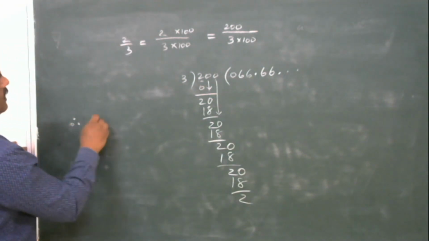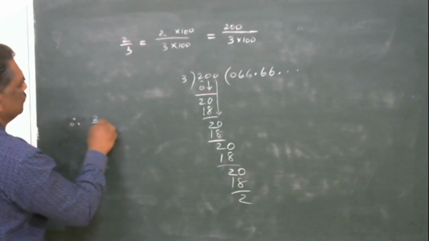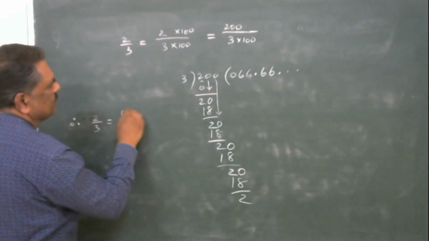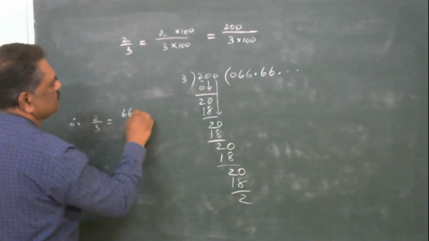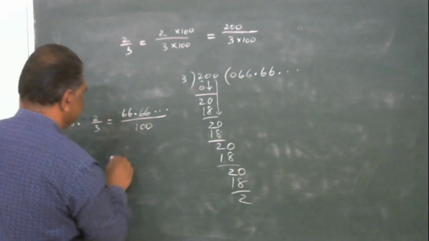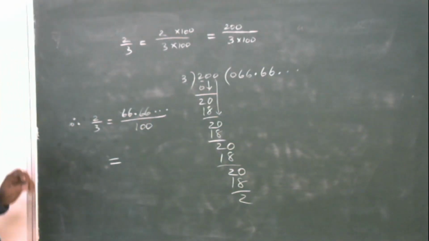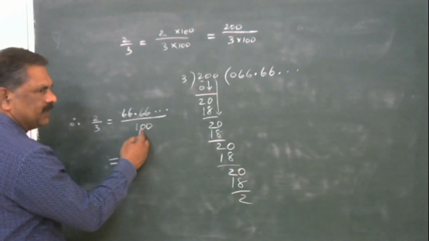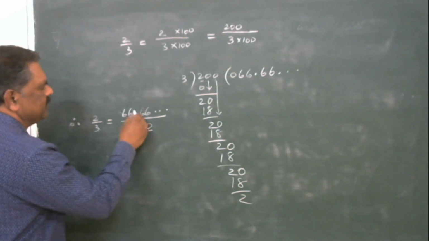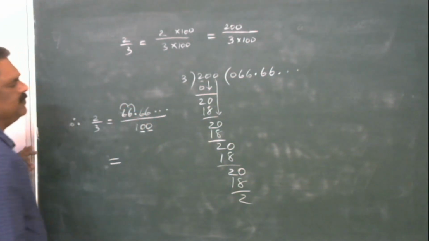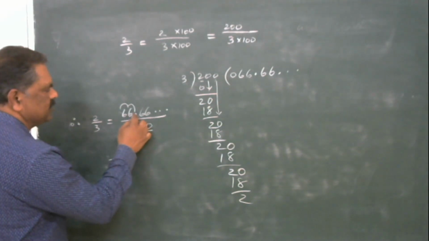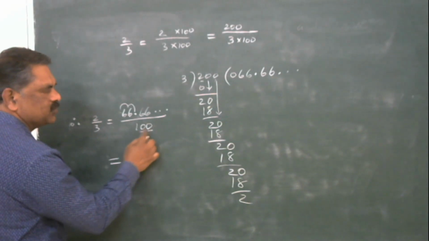Therefore, I can write this 2 by 3 as 200 by 300. So 200 by 3 I can write as 66.66 etc. divided by 100. If you divide by 100, it will become less. So how many zeros are there? That many places we need to shift the decimal point to the left. 2 zeros are there.